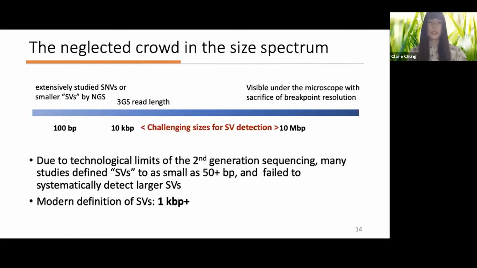And there are modern definitions with long-read sequencing, where people try to look at 1 kilobase pair or more, but so far the sizes from 10 kilobase pairs up to maybe 10 megabase pairs are still challenging for sequencing technologies.